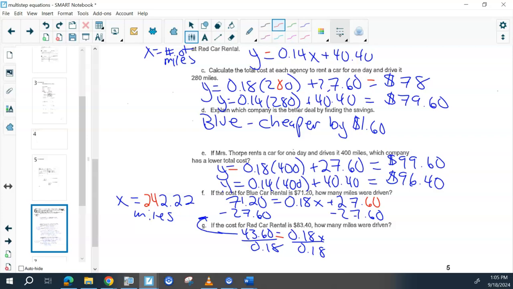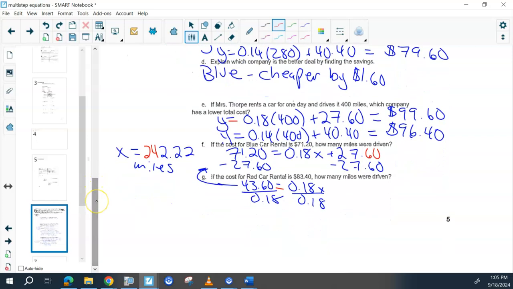Okay, and then part G, you're doing the same thing, but now your total cost is $83.40. So subtract $40.40 on both sides.